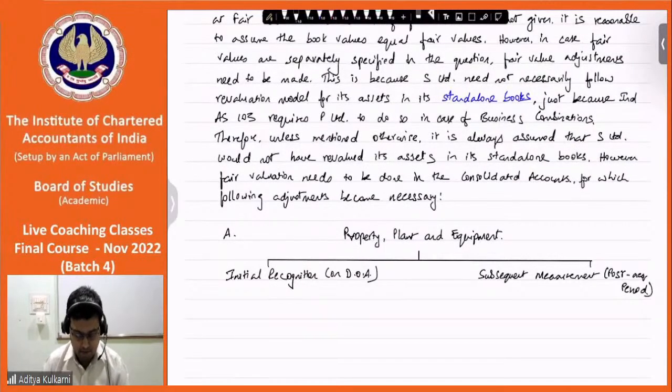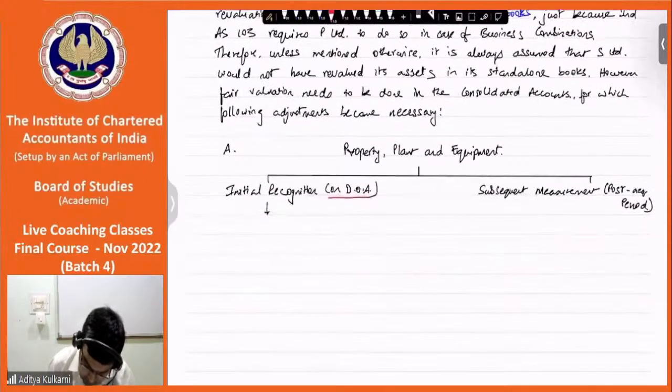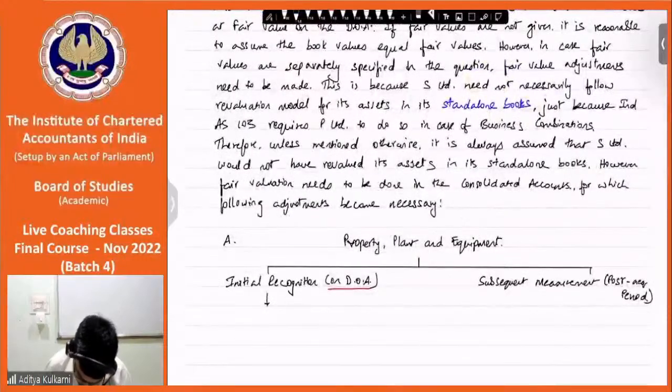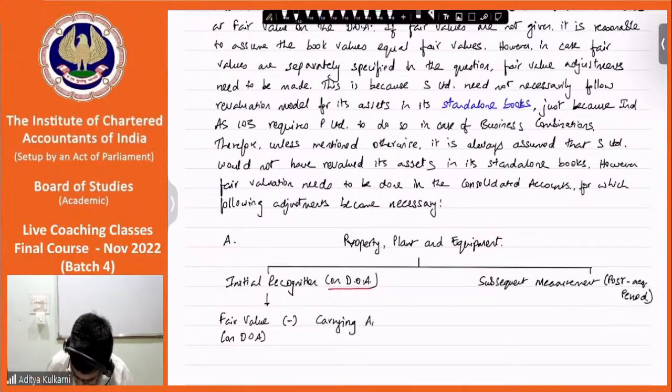Initial recognition, what am I going to compare? I am going to compare two things. Important is on the date of acquisition. First one is fair value on the date of acquisition minus carrying amount on the date of acquisition.